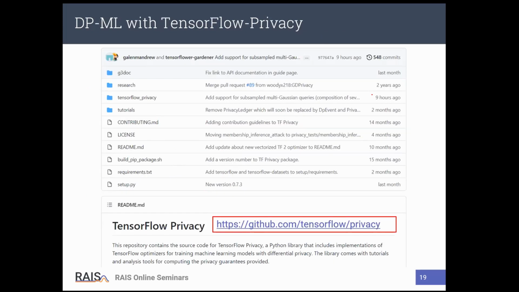And this is not only theoretical work: there is a Python library called TensorFlow Privacy that allows you to train your model under a differential privacy setting, exactly using this differentially private stochastic gradient descent. It's open source in a GitHub repository, and you can check it out.